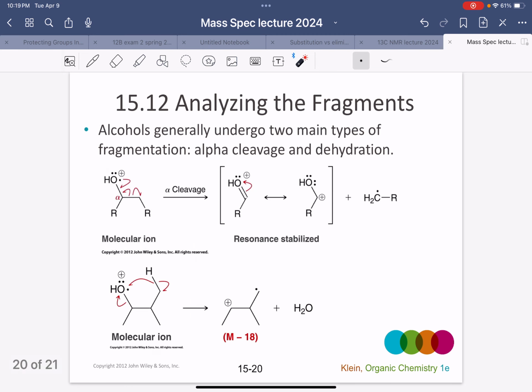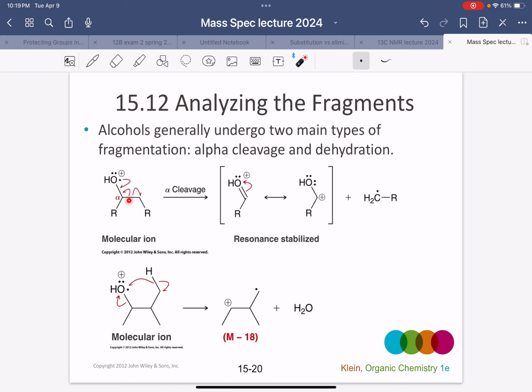Now, the other thing that can happen, which can explain some other peaks that you may see, is that you can get different types of fragmentation if you've got different types of functional groups.